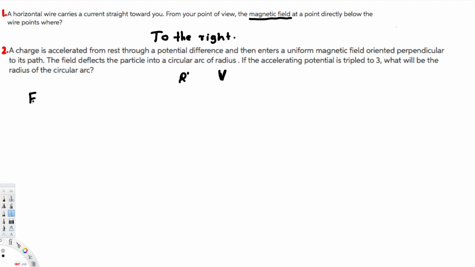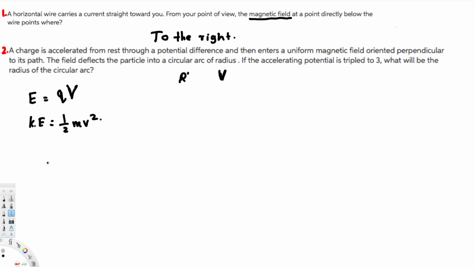Energy is equal to qV, and also, since this is a moving particle, energy is kinetic energy, which is half mv squared.